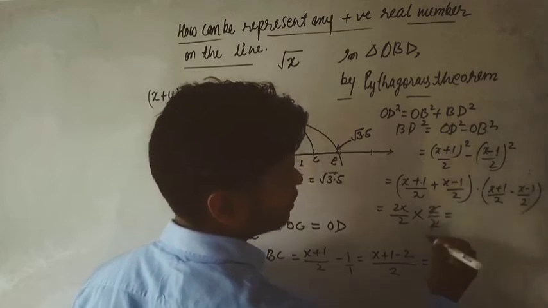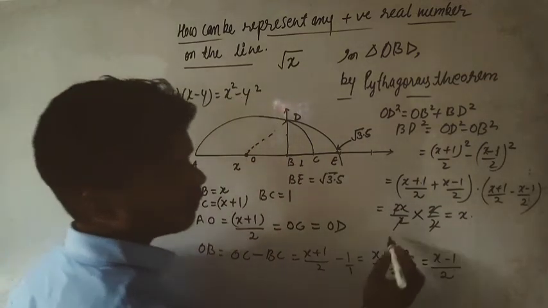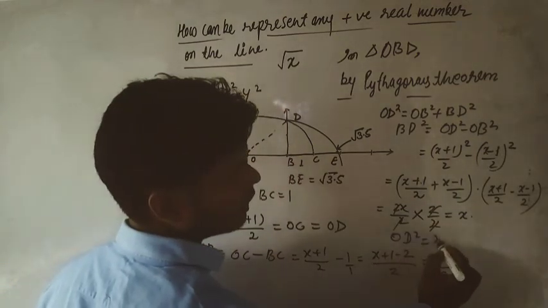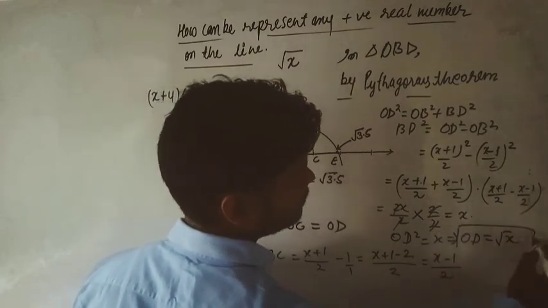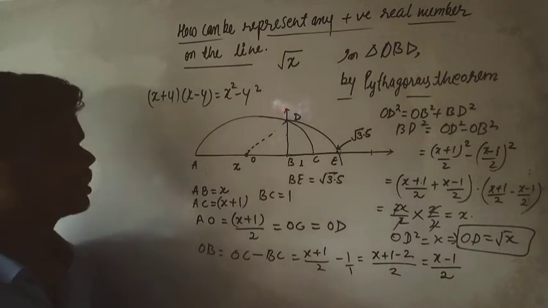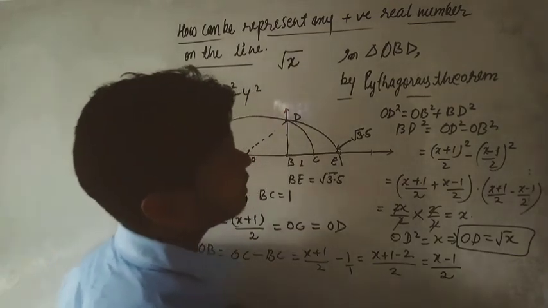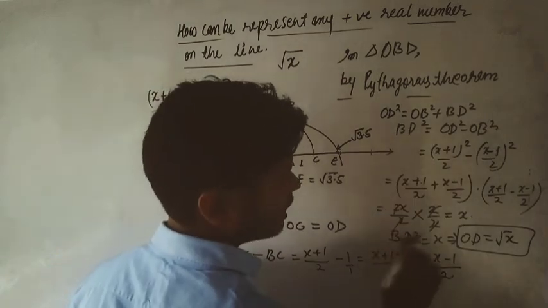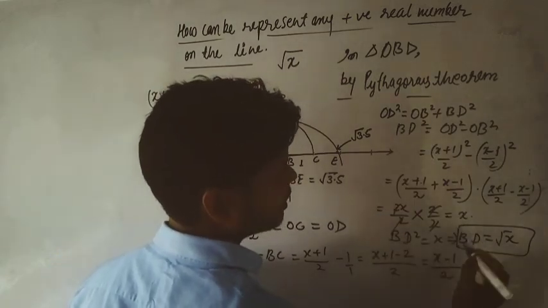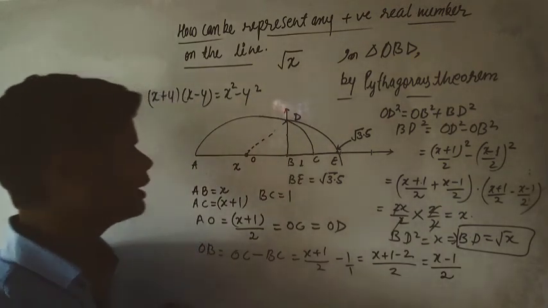Here we get x. Sorry, BD square is equal to x, then BD is equal to square root x.